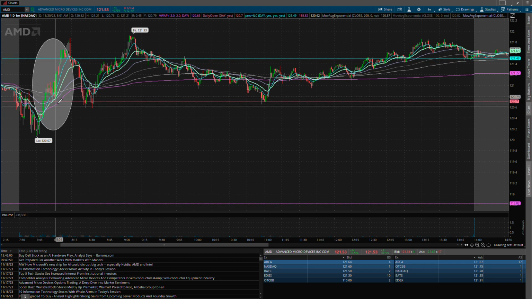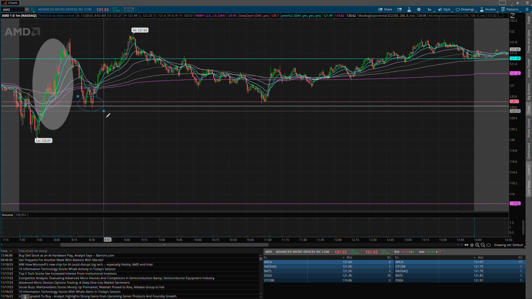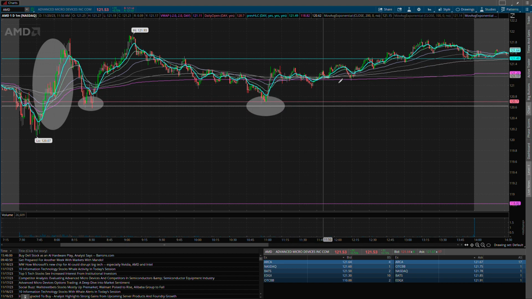Move up, pull back, continuation trade. So that would be the continuation trade. Otherwise, this would be considered a major trend reversal. Trend reversal here, and that would be considered continuation. This right there would be considered a major trend reversal with a double bottom. And then also here, when it touched down and did this thing here.